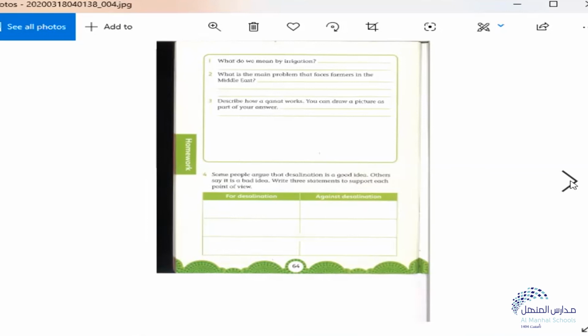And number four, they're asking: some people argue that the desalination plan is a good idea. Others say it's a bad idea. Support your point of view. So you can say for desalination: it supplies fresh water, it converts salt water to fresh water, and it is much more effective.